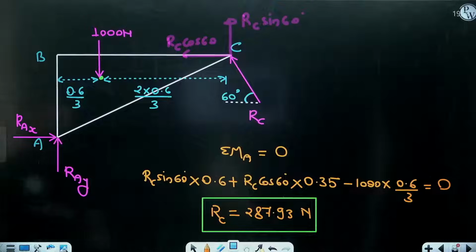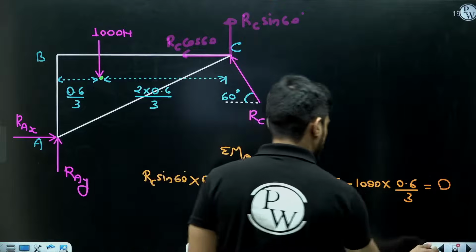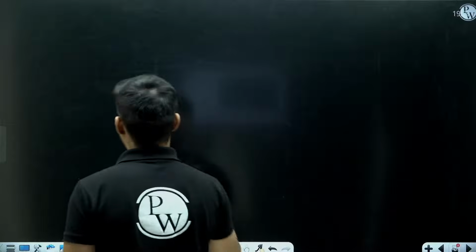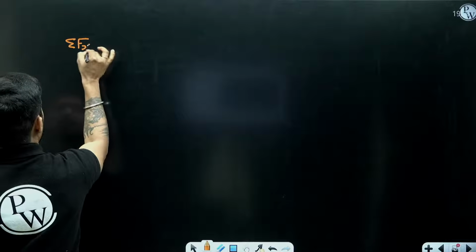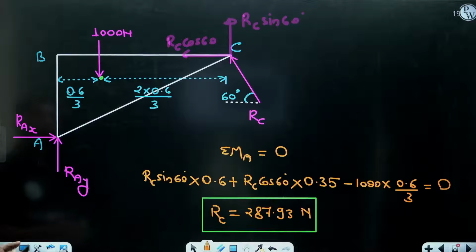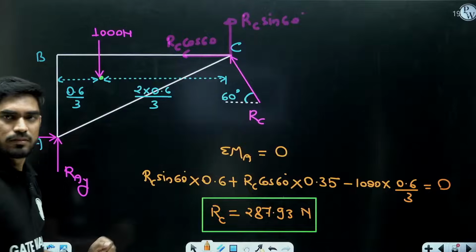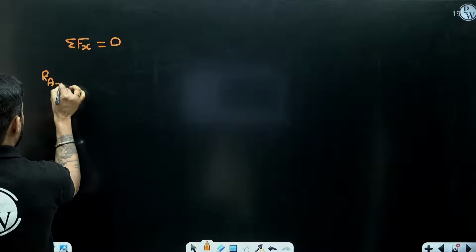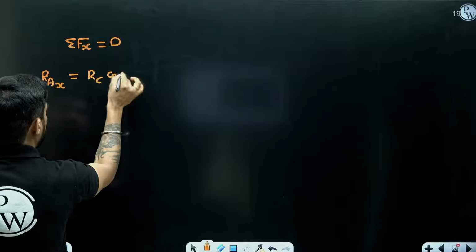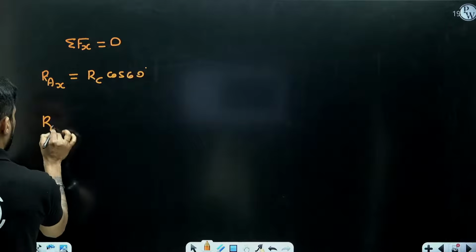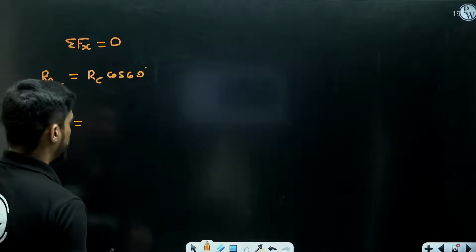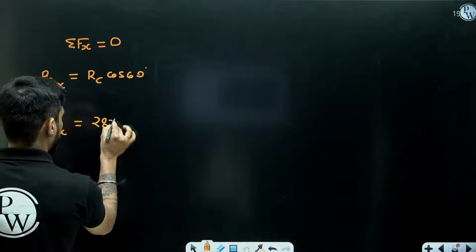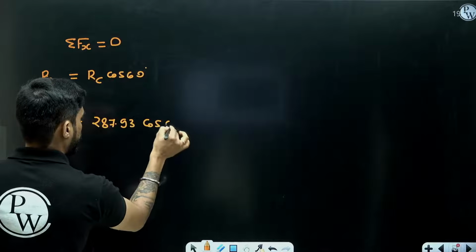Now we can find out RAX and RAY. So if I apply summation of Fx equals 0, RAX is towards right and RC cos 60 is towards left. So RAX equals RC cos 60, which means RAX will be equal to 287.93 cos 60.